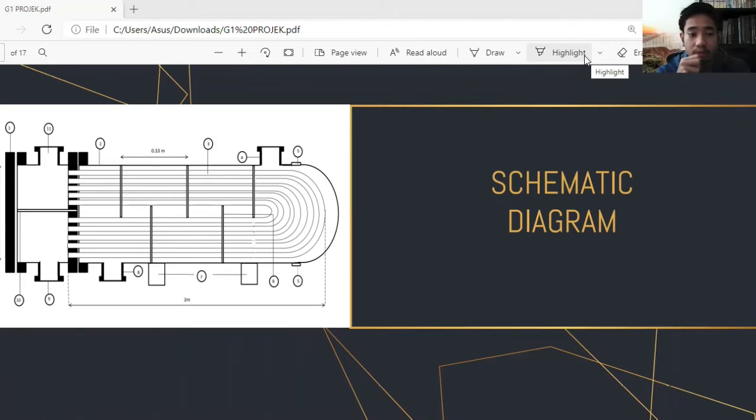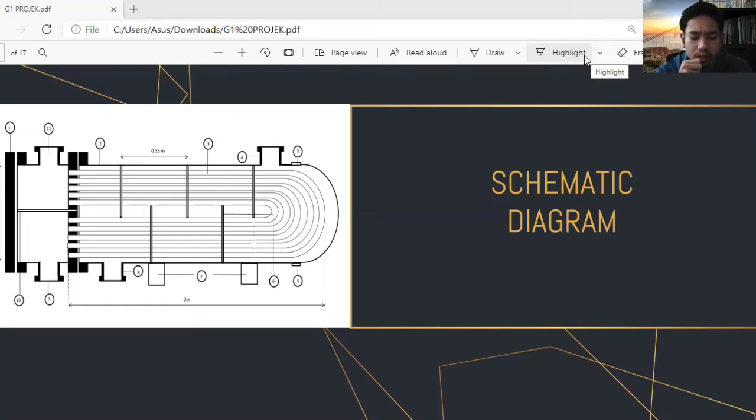As for number one, it is our stationary head channel. Number two is our shell. We propose our shell to be stainless steel because of its many benefits. Some of its benefits are that it has alloy and also nickel, which has good resistance to corrosion, heat, and also fire.